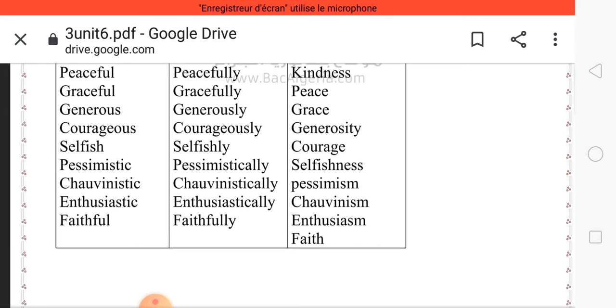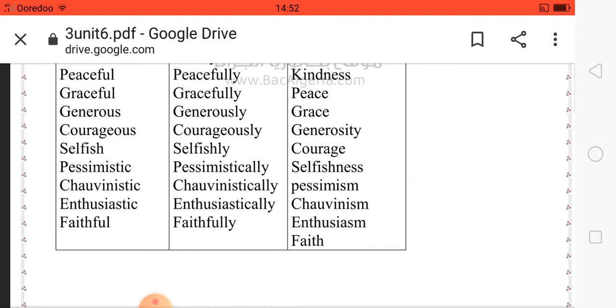But in the noun, it becomes peace. Graceful. It becomes gracefully. In the noun, it becomes grace. Generous. It becomes generously. In the noun, generosity.